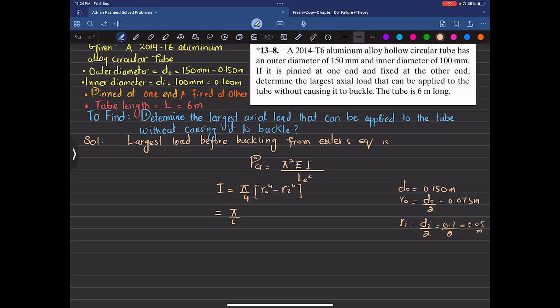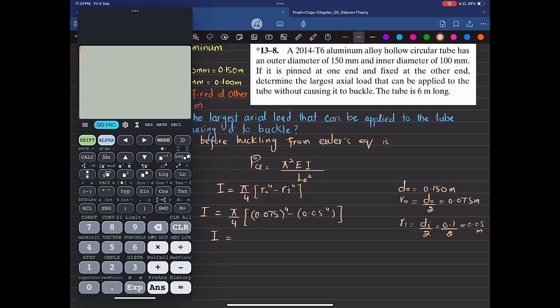So pi by 4 multiplied by 0.075 power 4 minus 0.05 power 4, and we will solve this using a calculator. So let's do it.